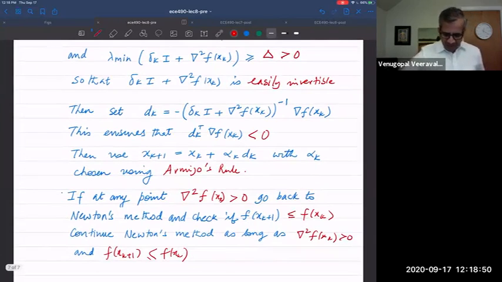So clear? This way, you're getting the power of Newton's method, but you're not diverging from the minimum. You're still trying to get towards the minimum, but you're going to get to it much faster than if you just applied regular gradient descent without any Newton steps.